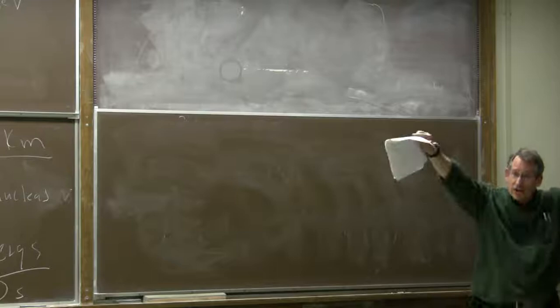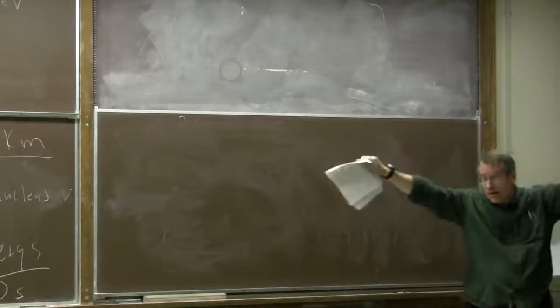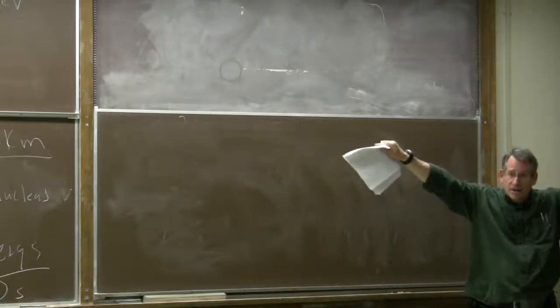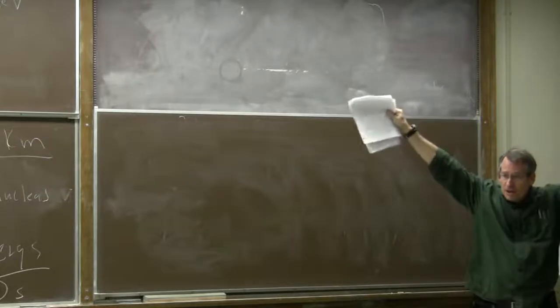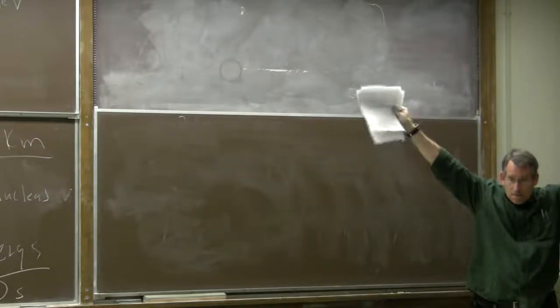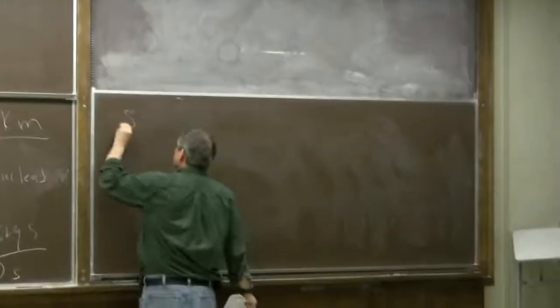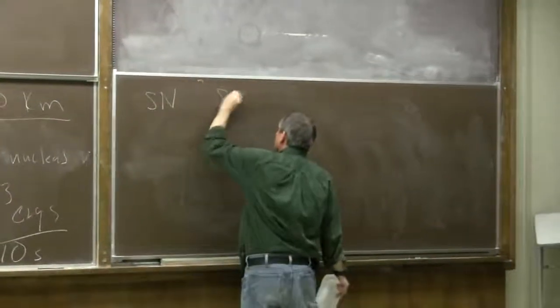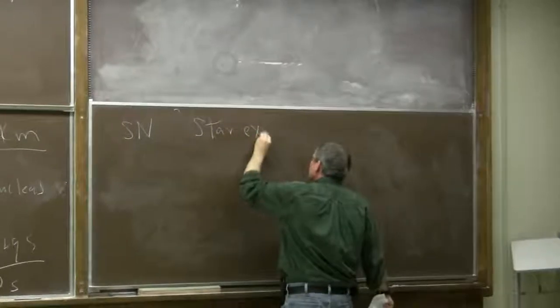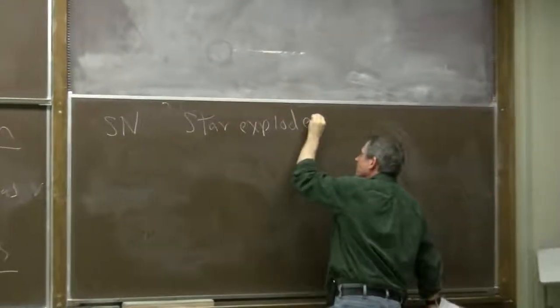That means some of their energy gets deposited in the matter in the star. And so what do you think happens to the star? It blows up. That's what happens in a supernova. The star explodes. And exactly how it does that, we still don't understand.